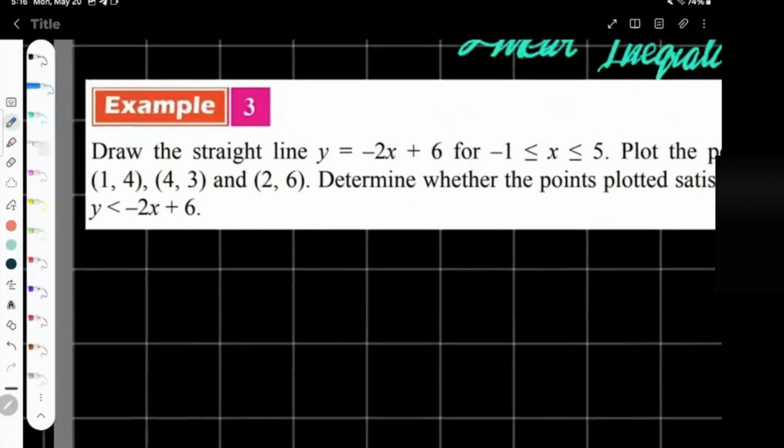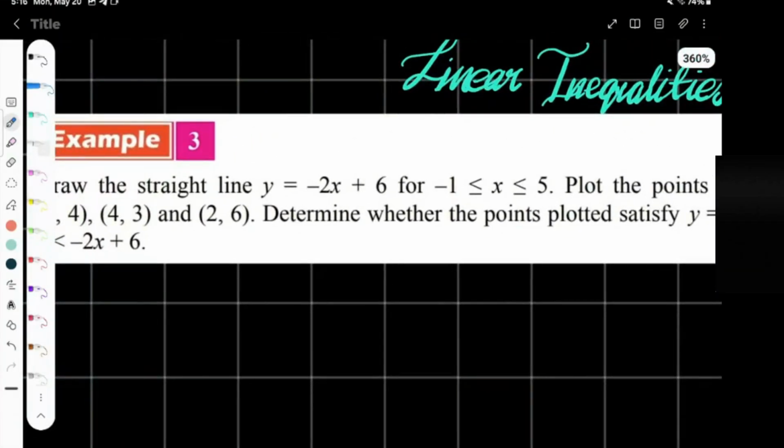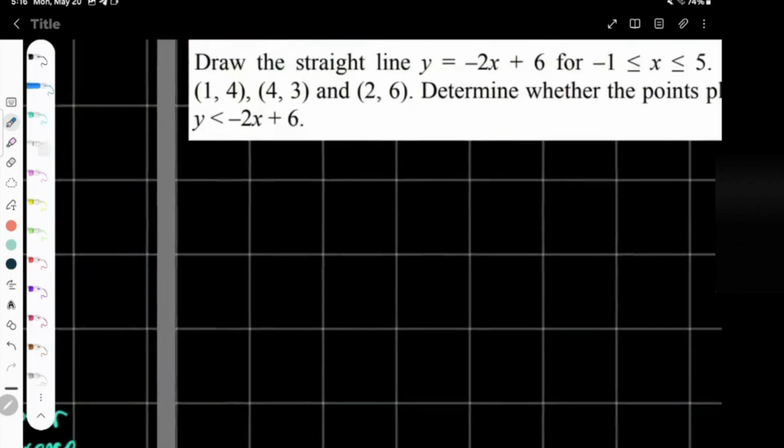So let's continue with y equals negative 2x plus 6. If I were to draw that line, just an estimation, probably like this.